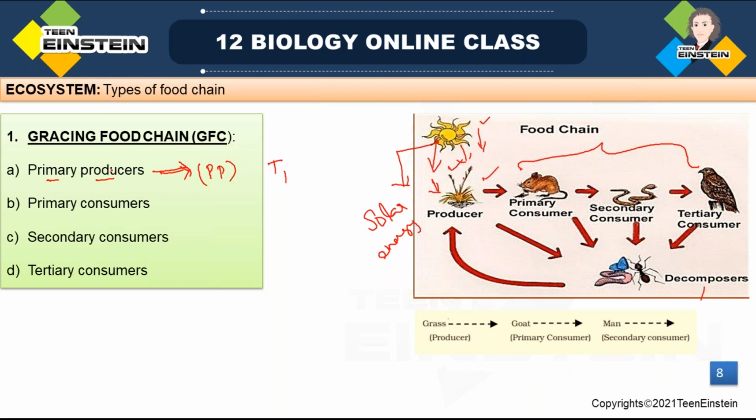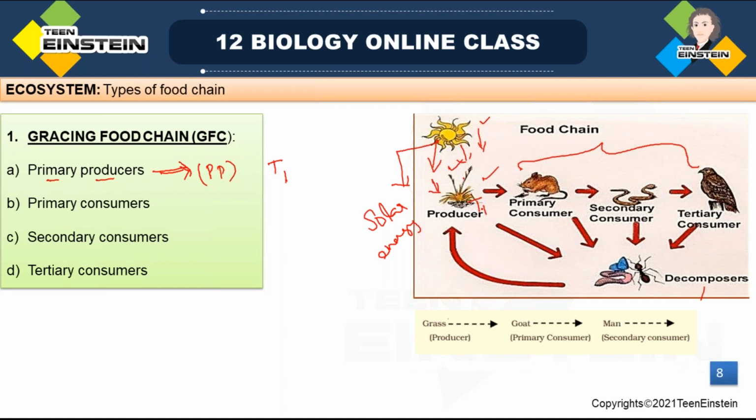They are the plants, autotrophic organisms, and they fix solar energy and manufacture their own food from inorganic raw materials. So they form the base of the food chain, constituting the first trophic level or T1 level.